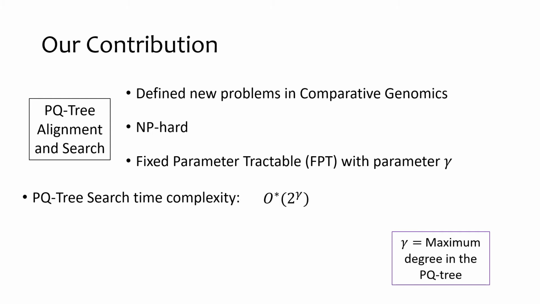This means that we showed an algorithm that solves PQ tree search with a time complexity that is a reasonable polynomial times some function of gamma. In our case, the function is 2 to the gamma.